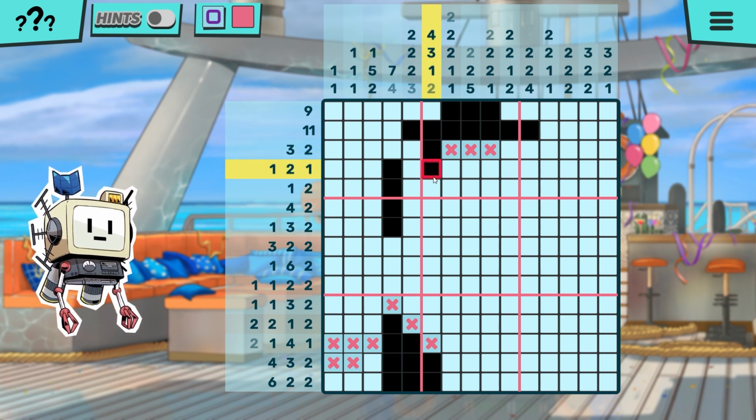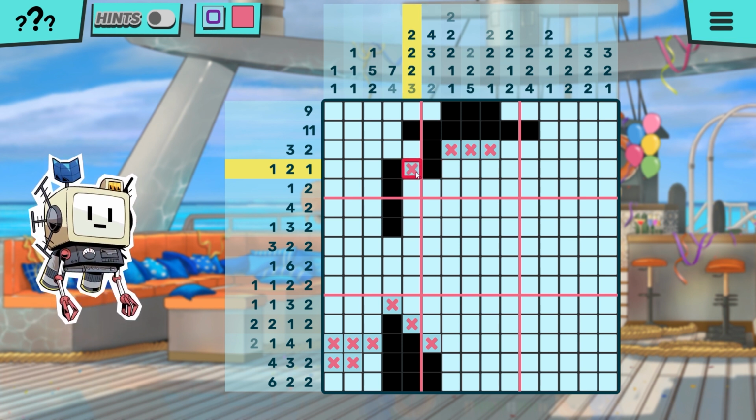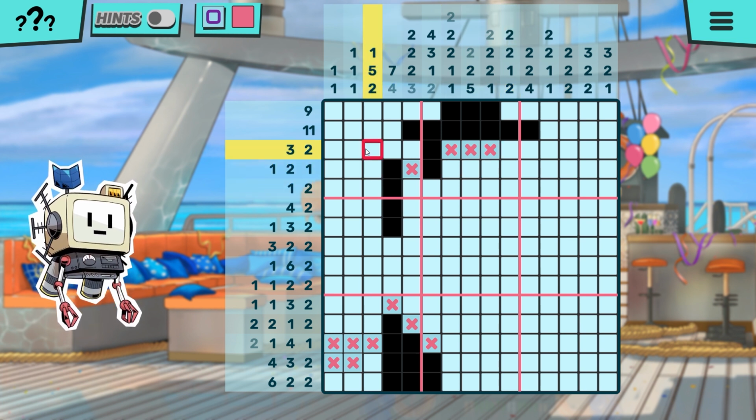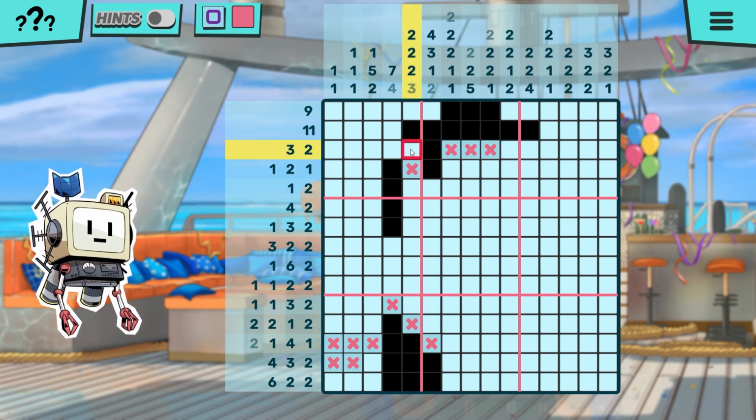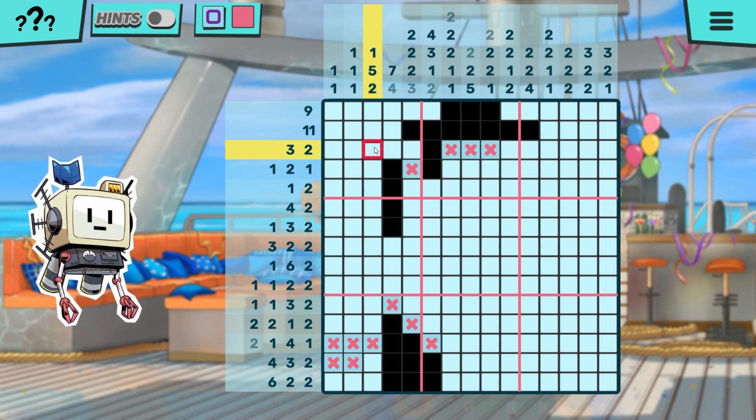Let's see. This has got to be part of the 4, so that's there. These have to have an X between them, but I don't know what they specifically are. No, we don't know if that's the 3 or the 2. Yeah, unfortunately.